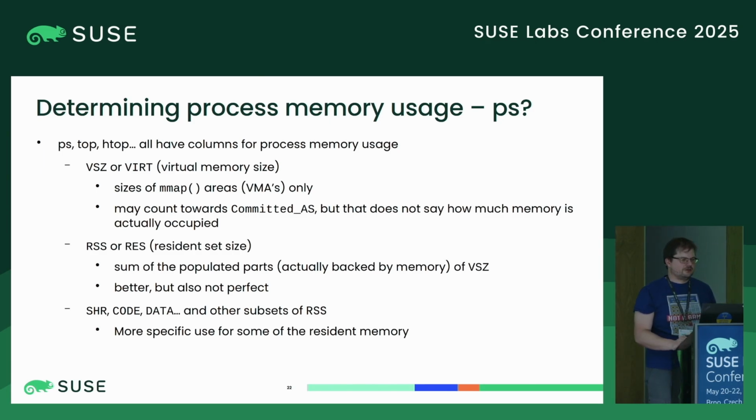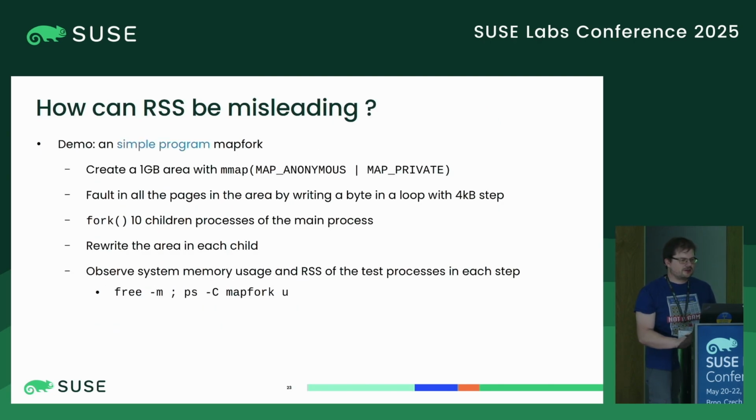And there's RES or RSS that counts how many pages are actually populated by mapping anonymous or file memory. And as we'll see, it's also not perfect. So it can be quite misleading.